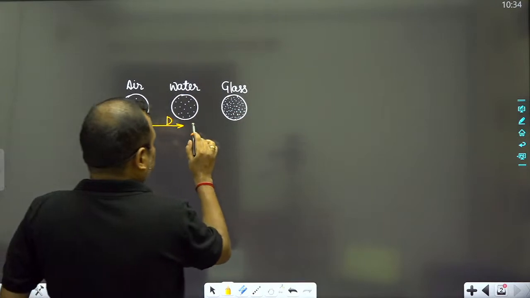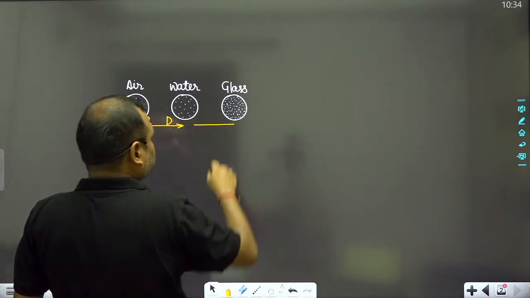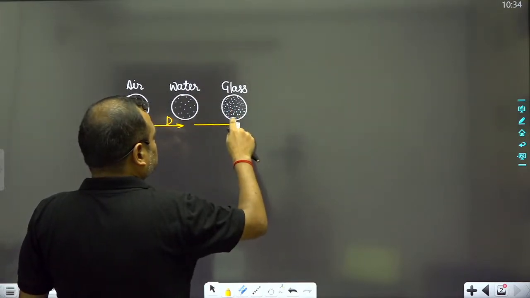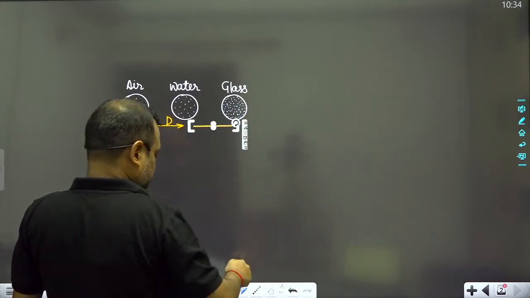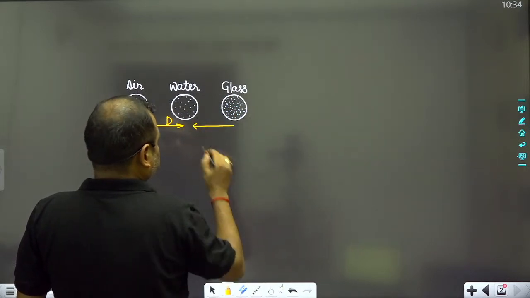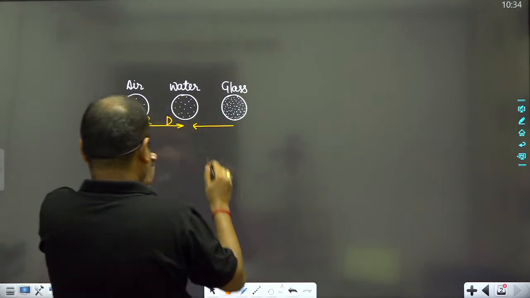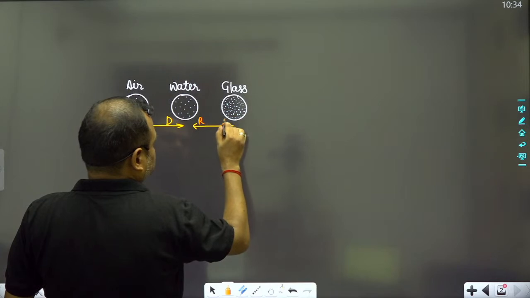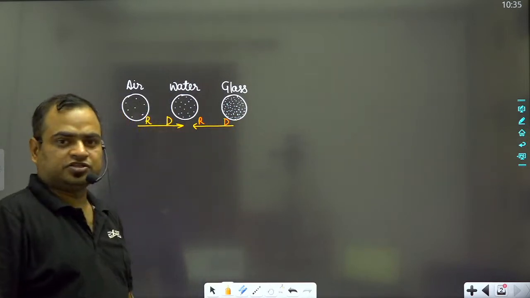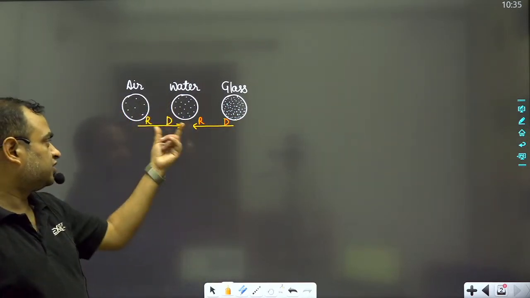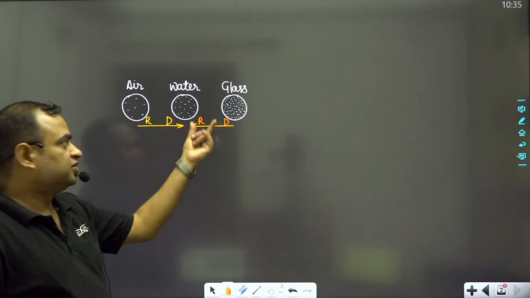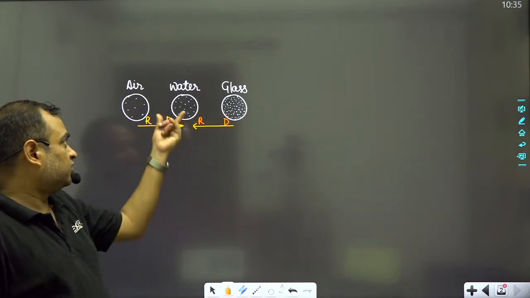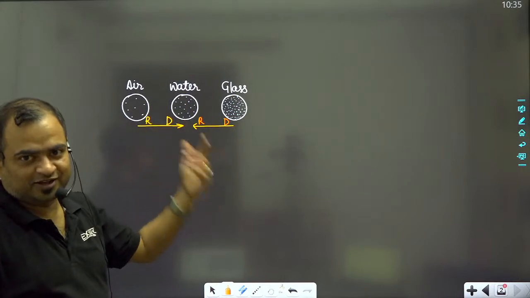Now if I ask about the glass, then obviously this will be a denser medium and water will be a rarer medium. So in this way, you can see that water is rarer with respect to glass, but water is denser with respect to air.